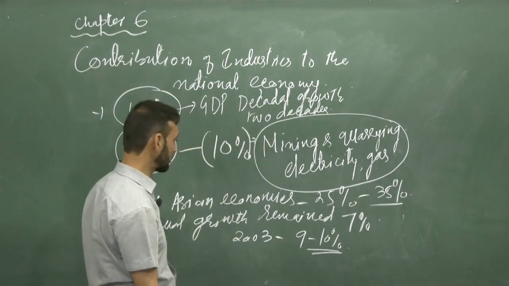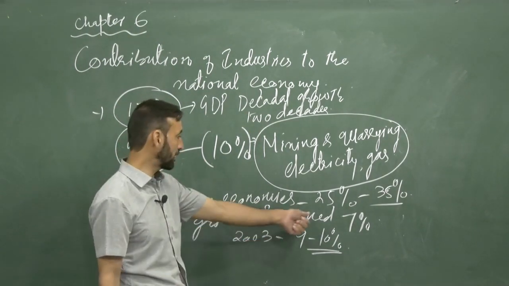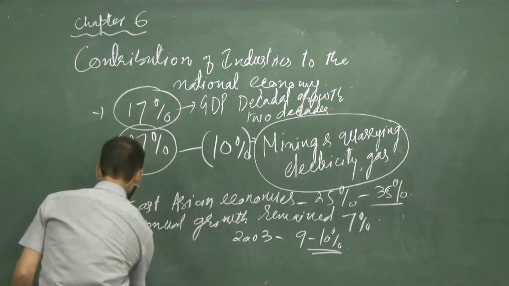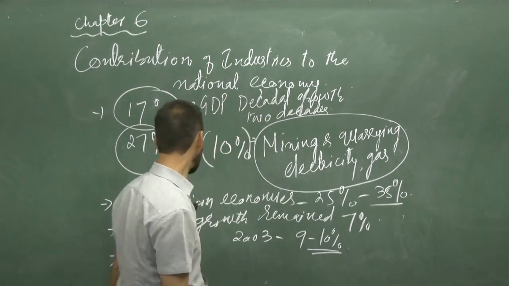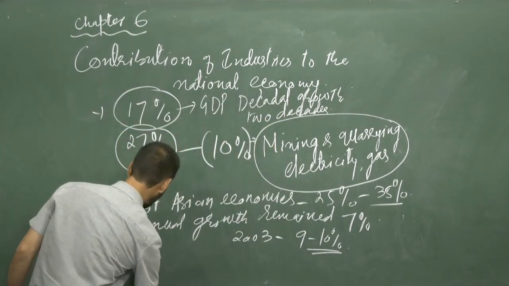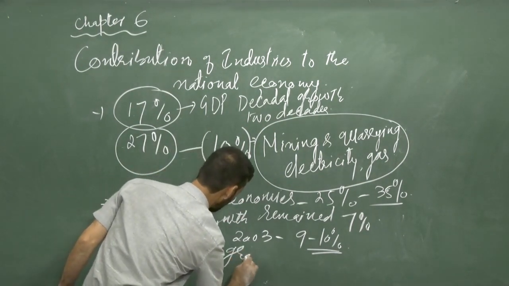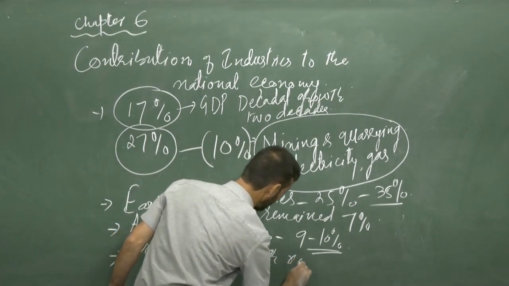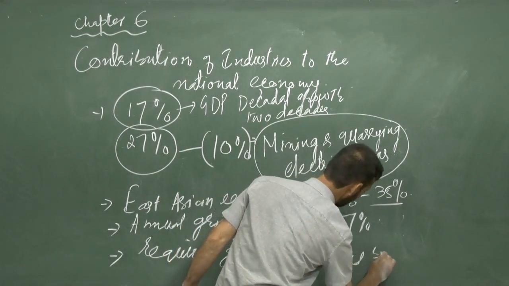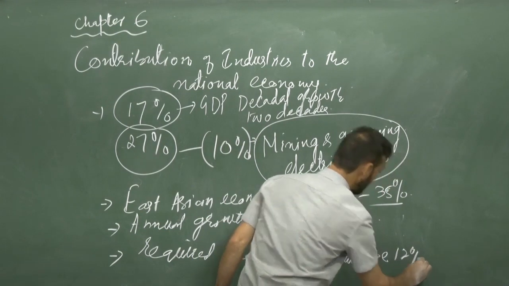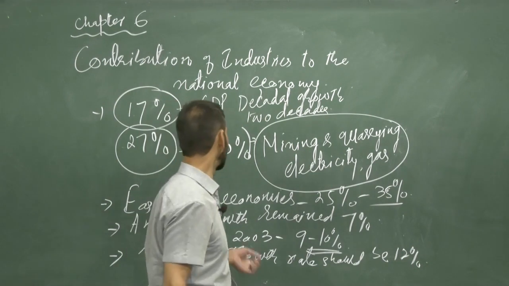So it was a 9 to 10% growth rate in 2003, while the annual growth rate which remained was 7%. The required growth rate of the industrial sector should be 12%. Now that was about the contribution of the industrial sector to the national economy.